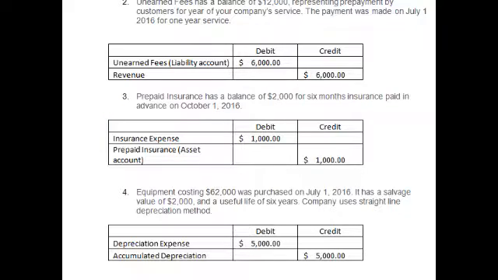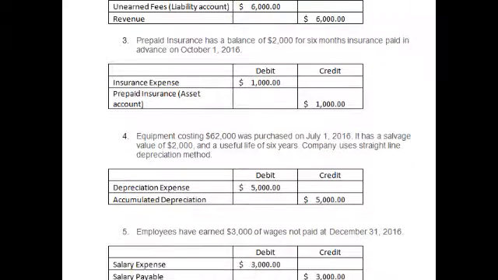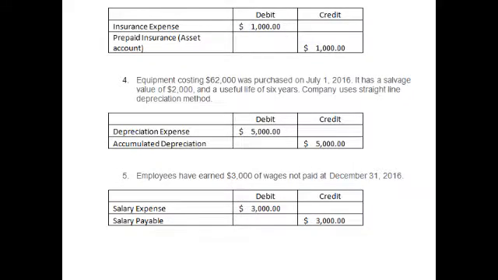Next one is about equipment and depreciation. We learned that when we acquire new equipment, we don't expense it, but we capture it as a capital asset. Then we slowly and consistently depreciate it over its useful lifetime. In this case, it says we have acquired $62,000 equipment.